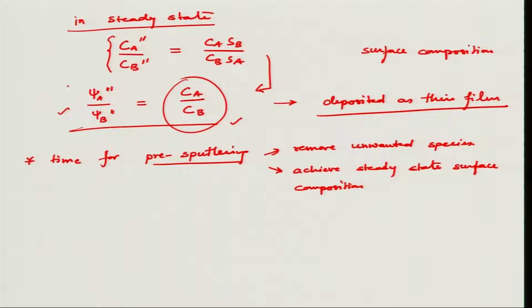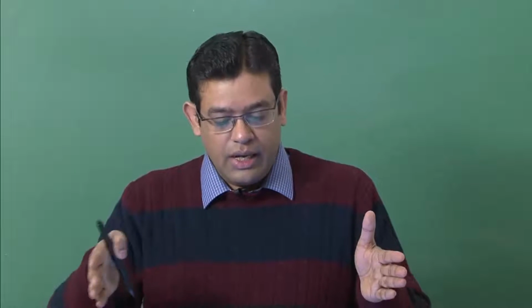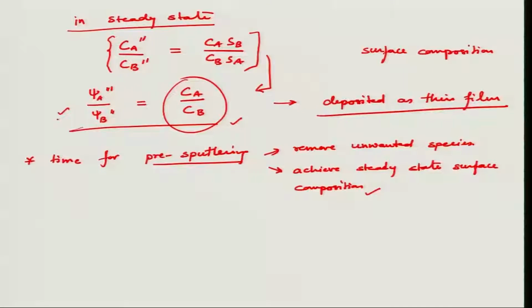Okay. So, the steady state surface composition is this, and you can calculate what the steady state surface composition would be. Once you reach this steady state surface composition, you can remove the shutter in front of your substrate and allow this flux to be deposited on the surface or the substrate on which you want to deposit the thin film.